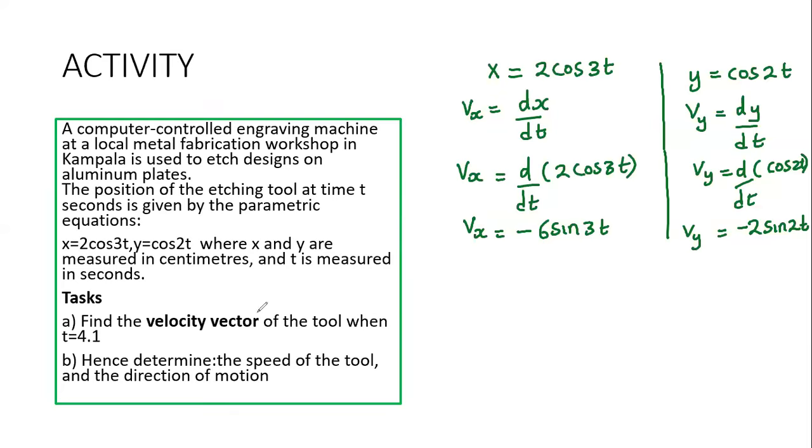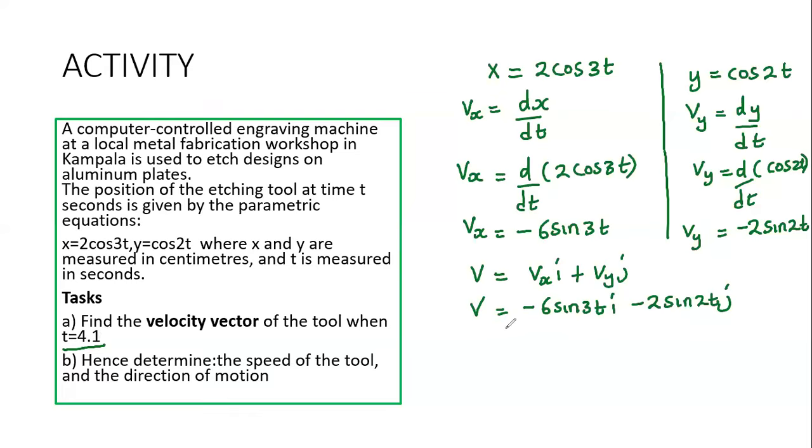Now, since they want the velocity vector, I'm going to say our velocity vector will be Vx within the I plus Vy within the J. So here I'm going to substitute our Vx as negative 6 sine of 3t I minus 2 sine of 2t of J. Now, this is when we still have the t, but since they have given us our t as 4.1, we are going to substitute now.